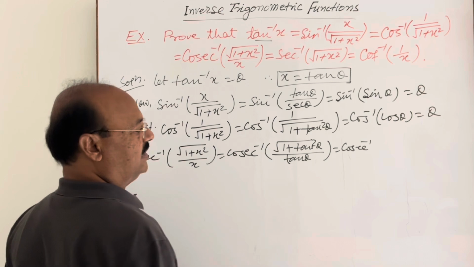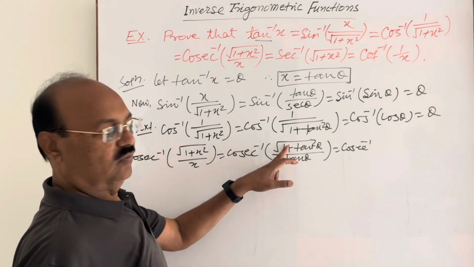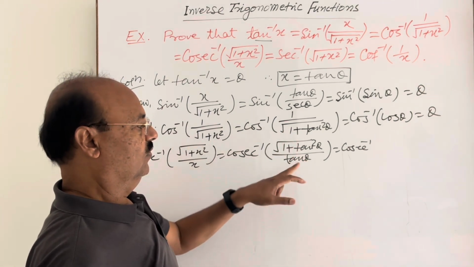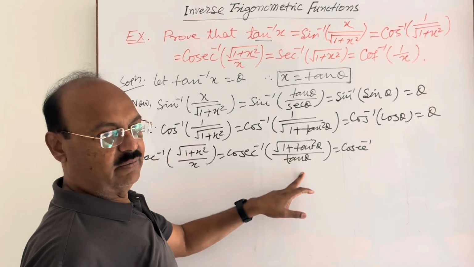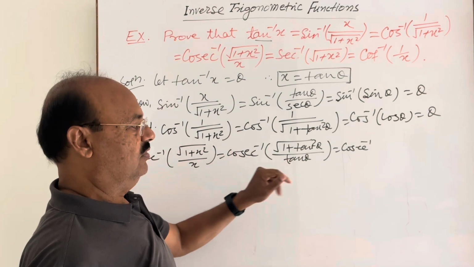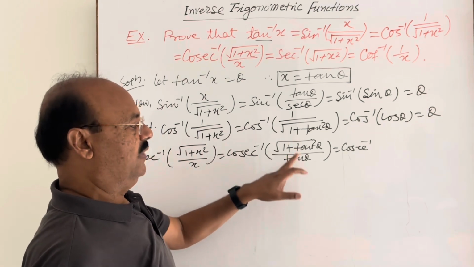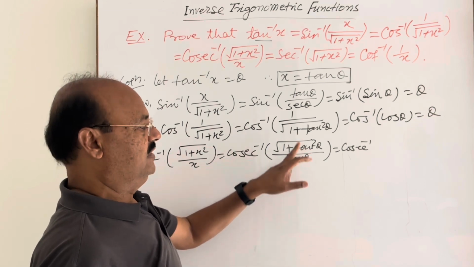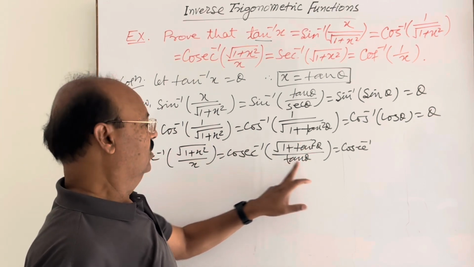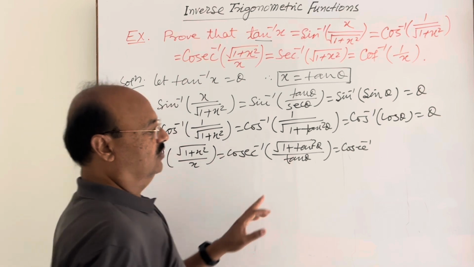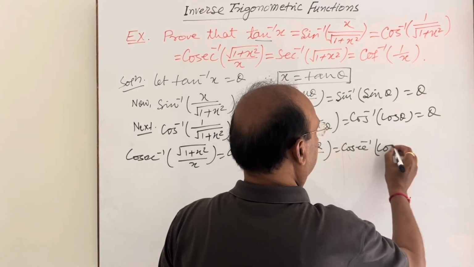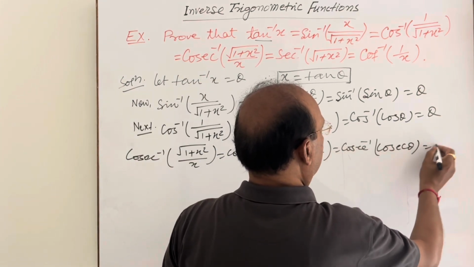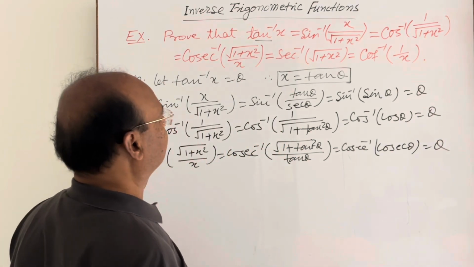Root over 1 plus tan square theta is sec theta, meaning 1 by cos theta, and tan theta is sin theta by cos theta. So cos theta will be cancelled out. We will get 1 by sin theta here, and 1 by sin theta is cosec theta. So cosec inverse of cosec theta is equal to theta.